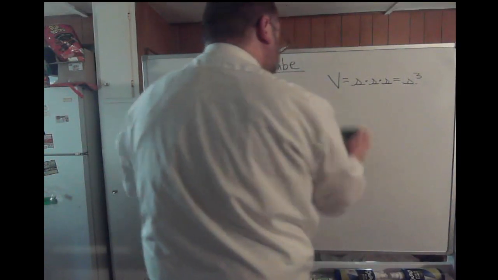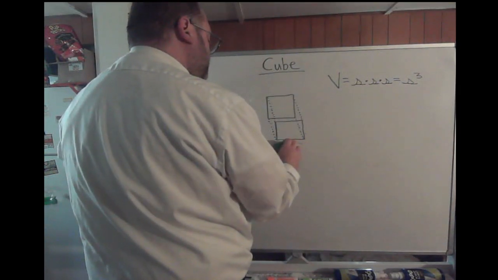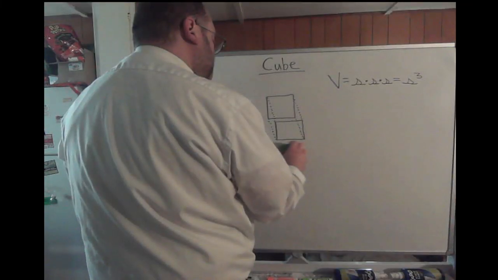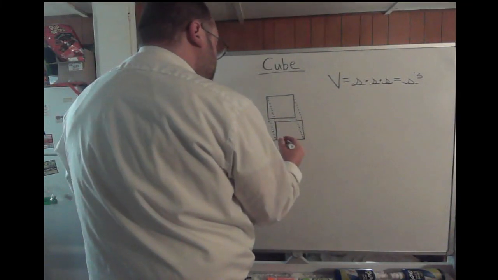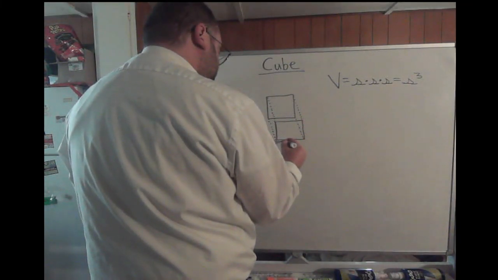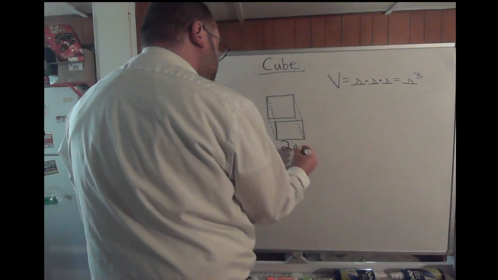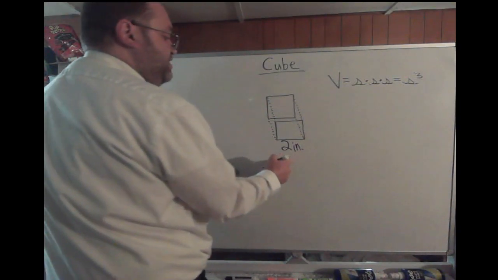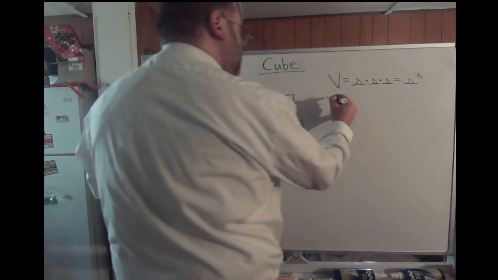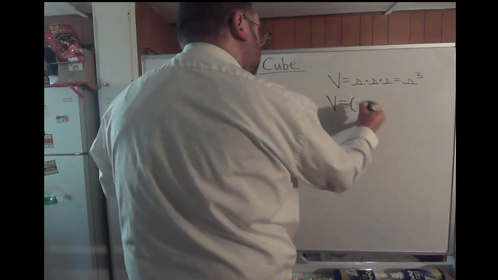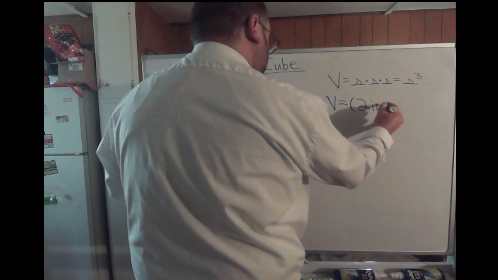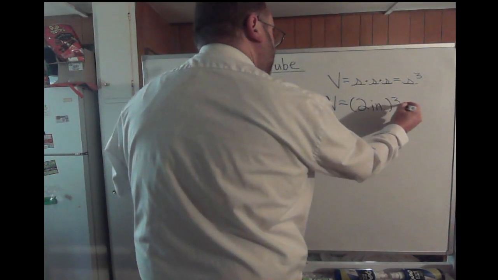And then, let's see, one more example for a cube. Let's say a side of the cube is 2 inches. Well, to find the volume, you'll take that side of 2 inches and set it to the third power.